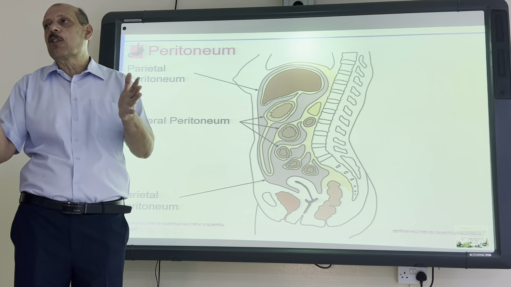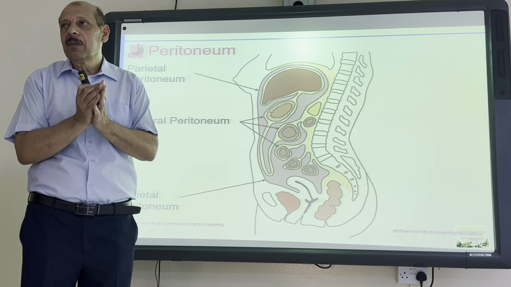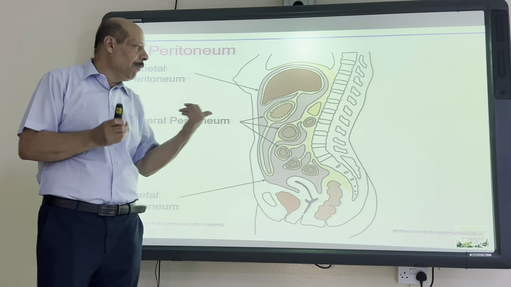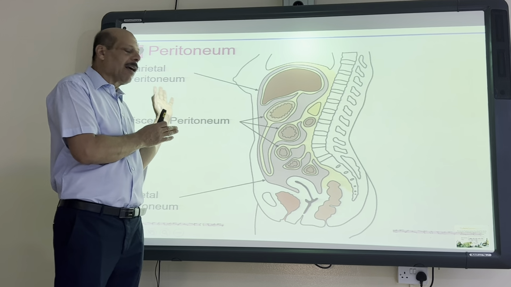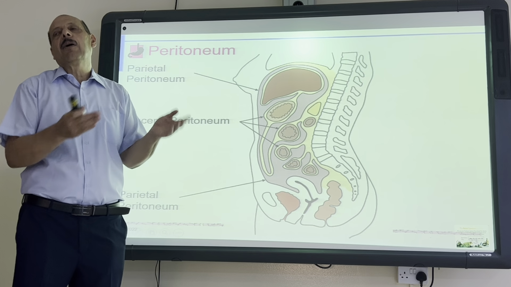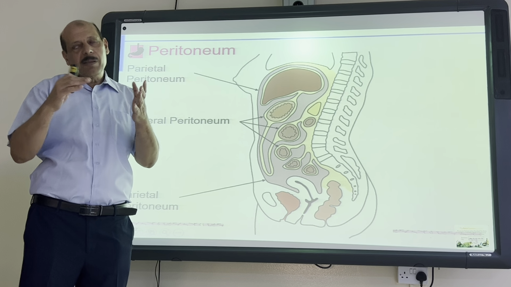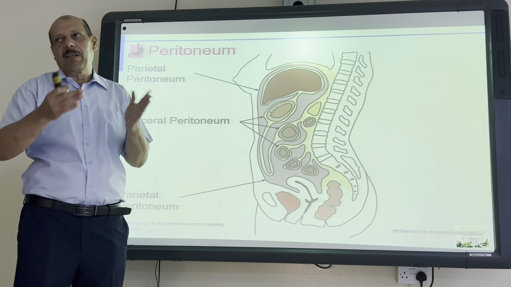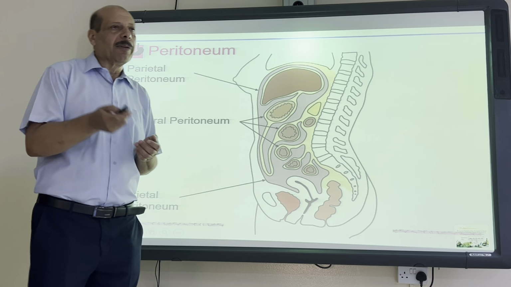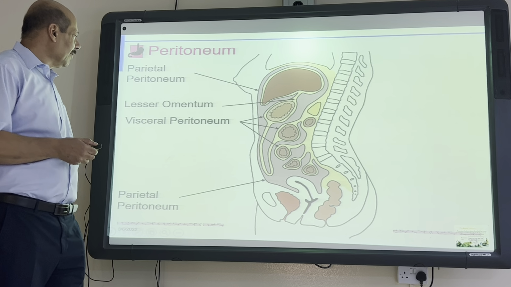Visceral layer attaches to what? To the organ. The parietal layer, which is away from the organ, is mostly attached to, sometimes attached to the wall or the cavity, depending upon where they are.